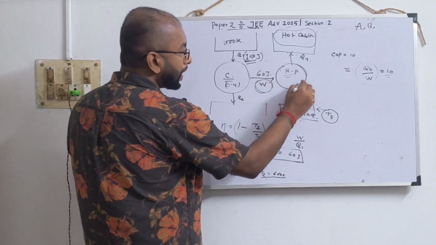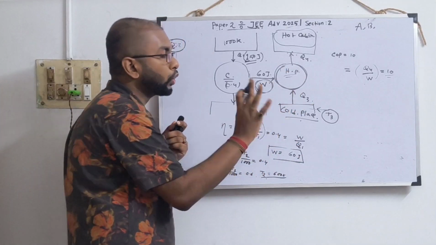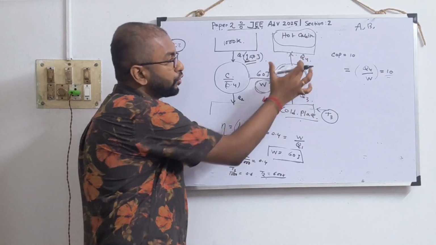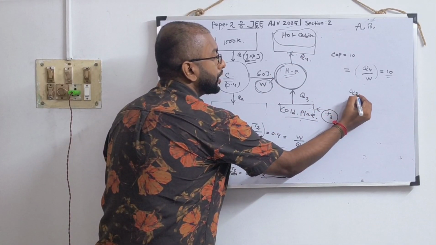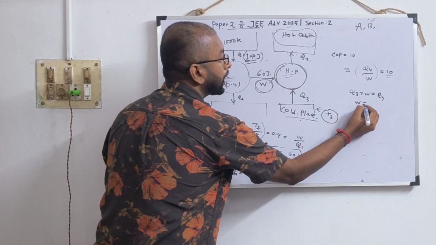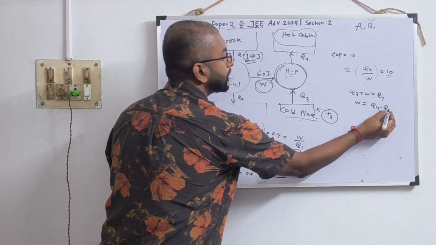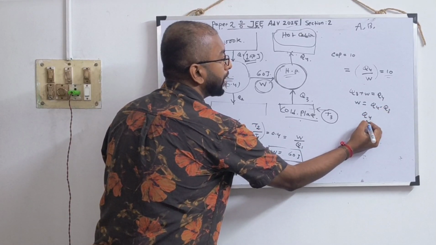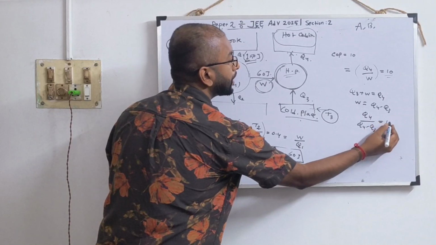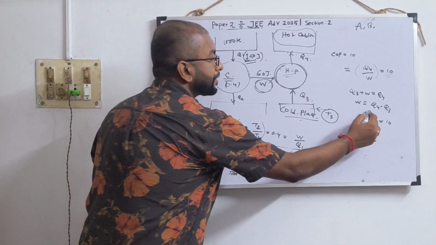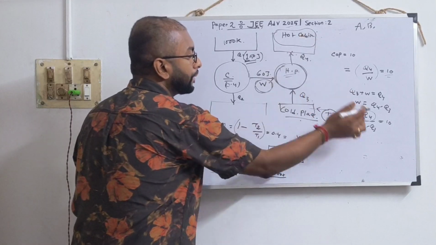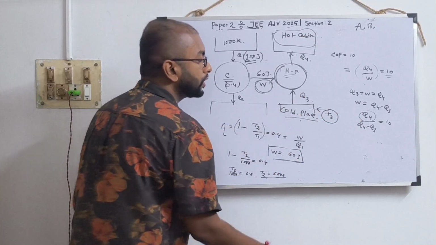See, if we apply the first law of thermodynamics here, total energy input is W plus Q3 and total energy output is Q4. So Q3 plus W will be equal to Q4. So W I can write as Q4 minus Q3. So easily I can write Q4 by Q4 minus Q3 is 10. And this will be proportional to the temperature of the hot cabin, and Q3 will be proportional to the temperature of the cold place.